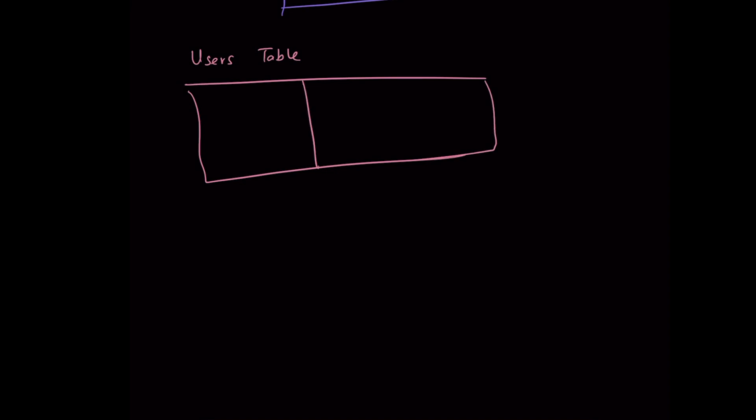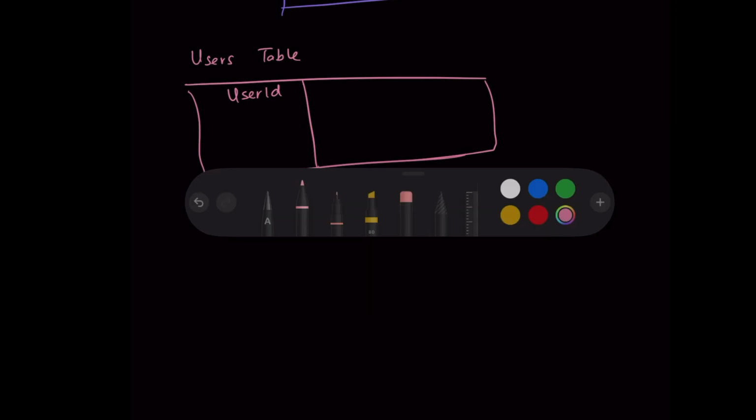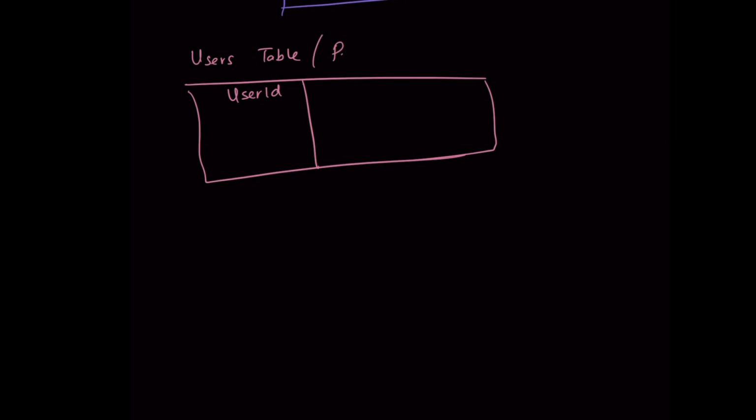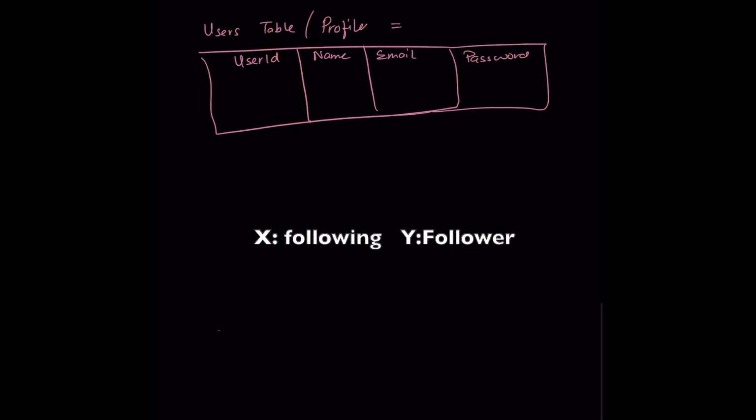You could have a users table where you have the user ID. This is the profile actually, profiles of people, okay, where they have the name, email, password, whatever. Now we have to think about the followers, right? The followers table. How do we build the timeline? We need to know who follows who.